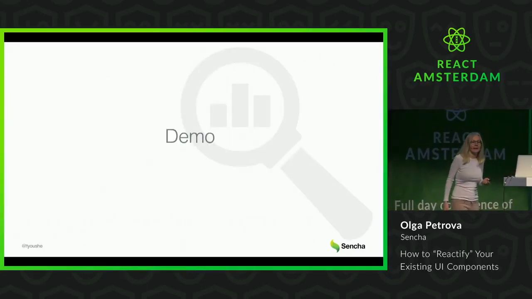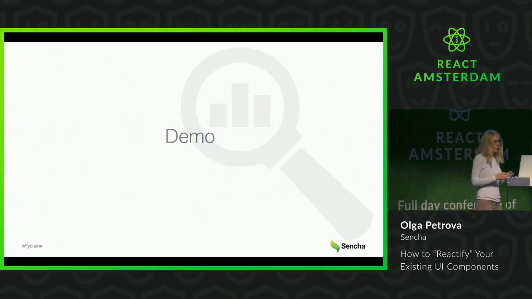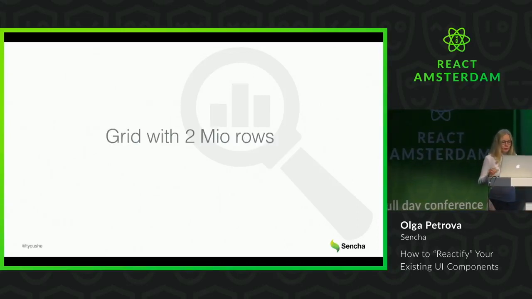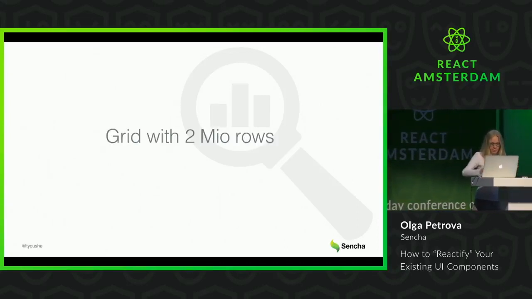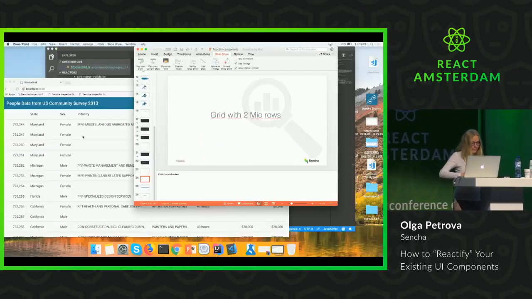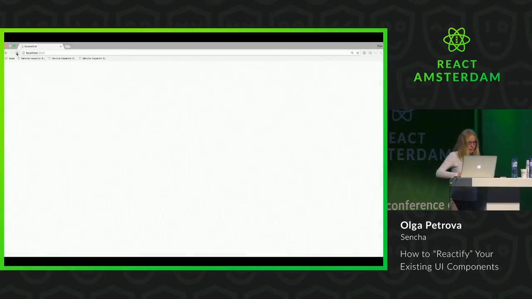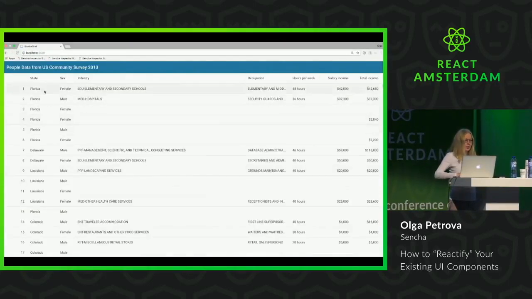As a bit more interesting example, I would like to show you a reactified grid component that shows more than 2 million rows in a browser. So I will refresh. There is a row number column, and I will start scrolling.